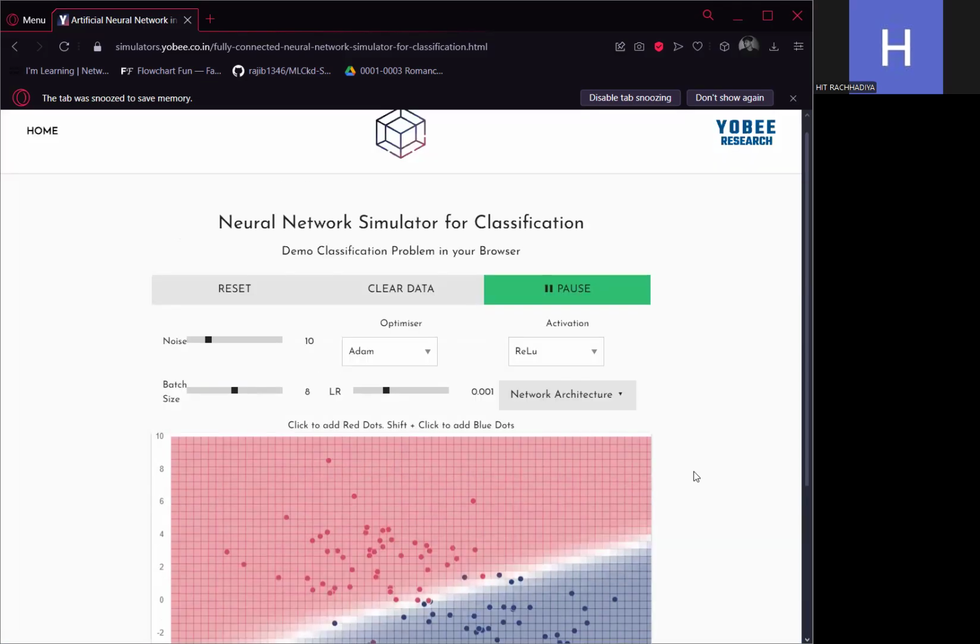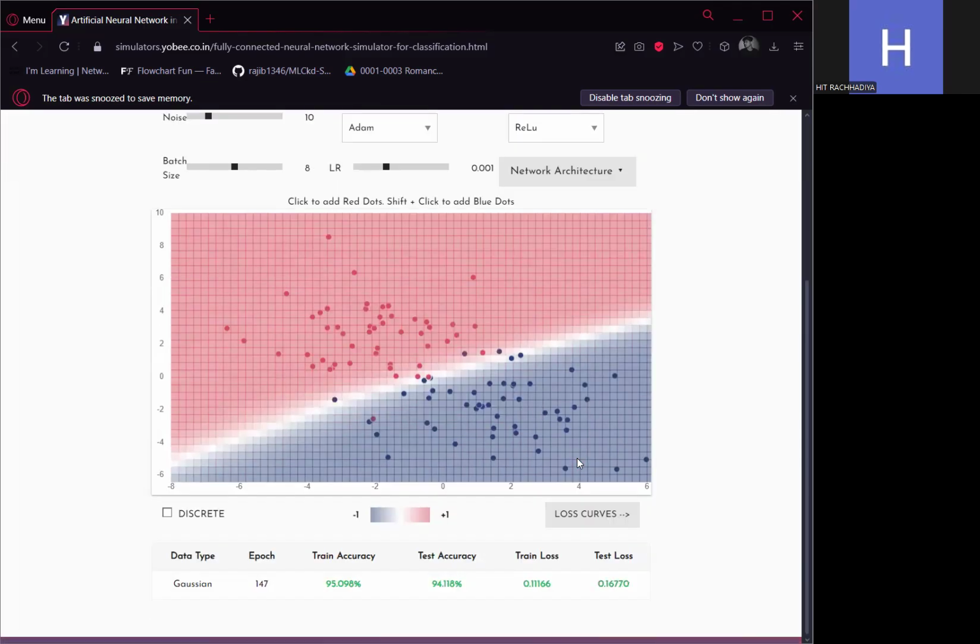This is about the NN for classification. When we put it to discrete, it gives us a classification like this: below this portion, all the values come under the blue class, and above this portion, all the values come under the red.